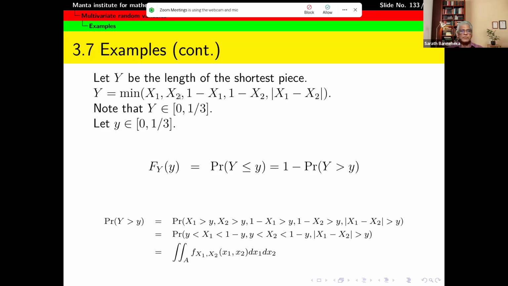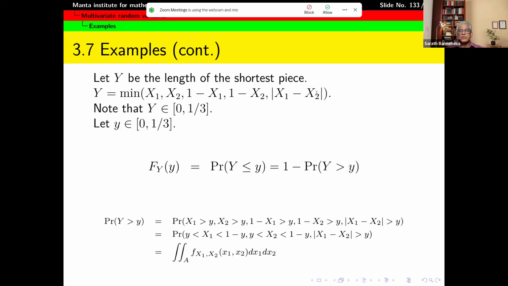So y can be the minimum of these values: x1 or x2 or 1 minus x1 or 1 minus x2 or the absolute value of the difference between x1 and x2. So these are the possible lengths, and the shortest one will be the minimum of those.